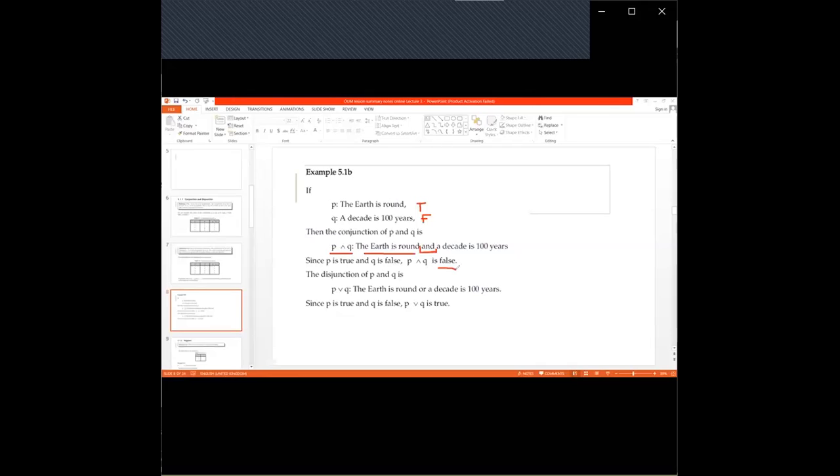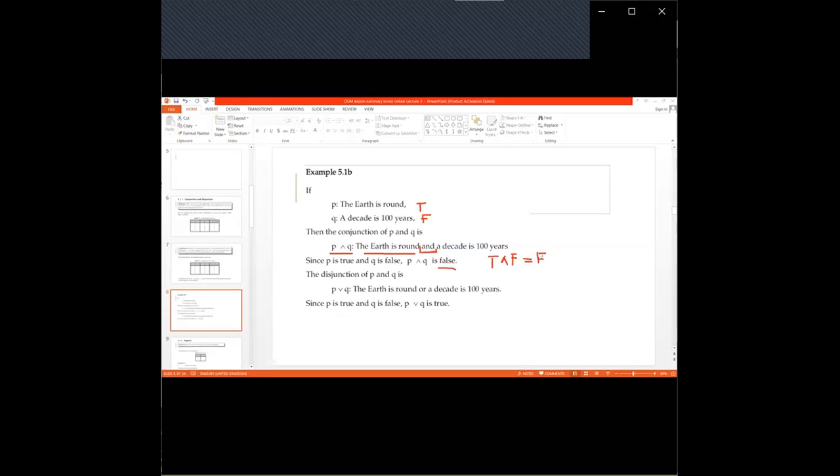Because we said once you have a true and a false, it will result in false. So a true and a false will result in a false. The only condition under which conjunction will result in true is when both statements are true.